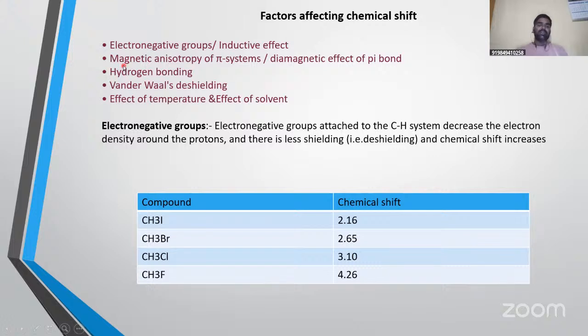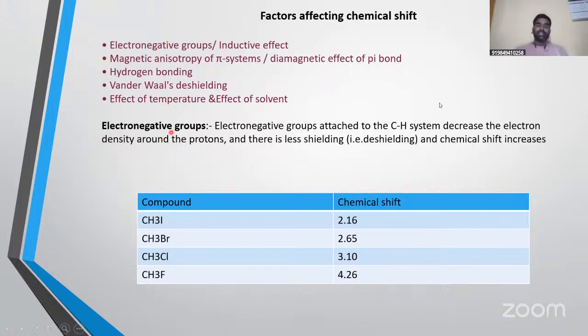Van der Waals de-shielding also affects it. Effect of temperature: if the temperature changes, that also affects the chemical shift, and also the effect of the solvent in which we are dissolving.